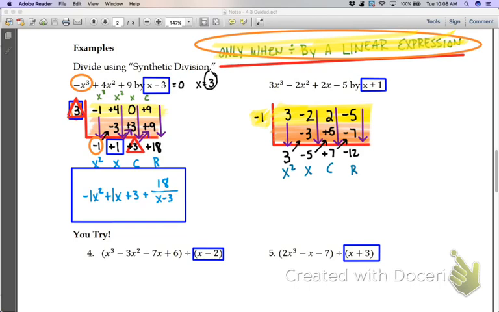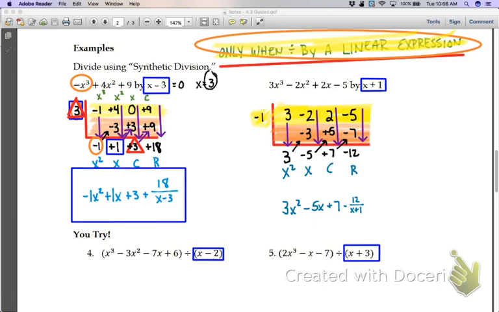So whenever I write this, 3x squared minus 5x plus 7. Now, here's where it's really up to you what you do. You can either write this as plus and then negative 12 over the x plus 1, or you can write it as minus 12 over x plus 1.